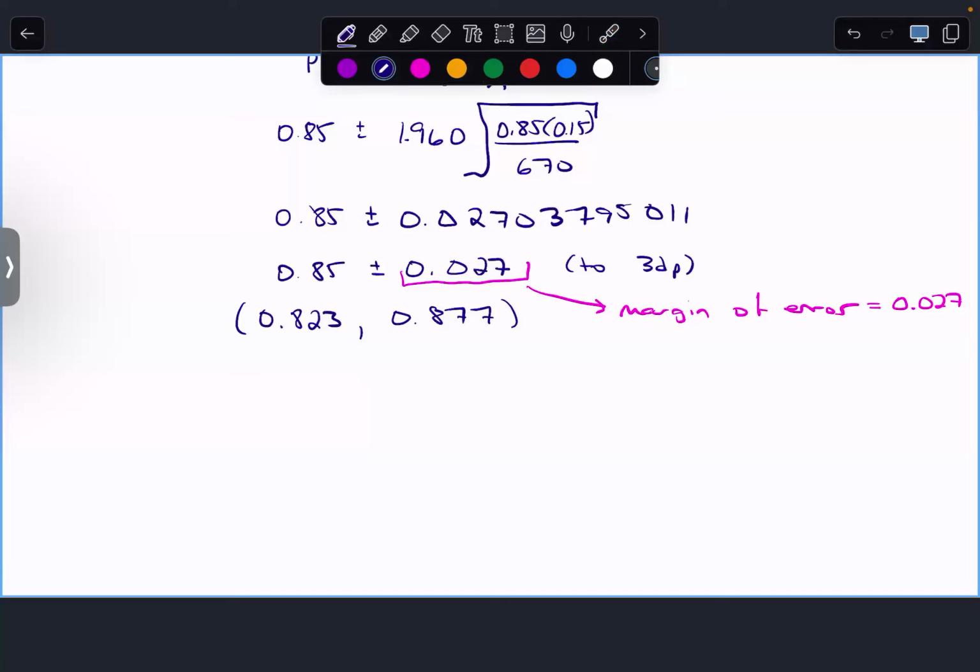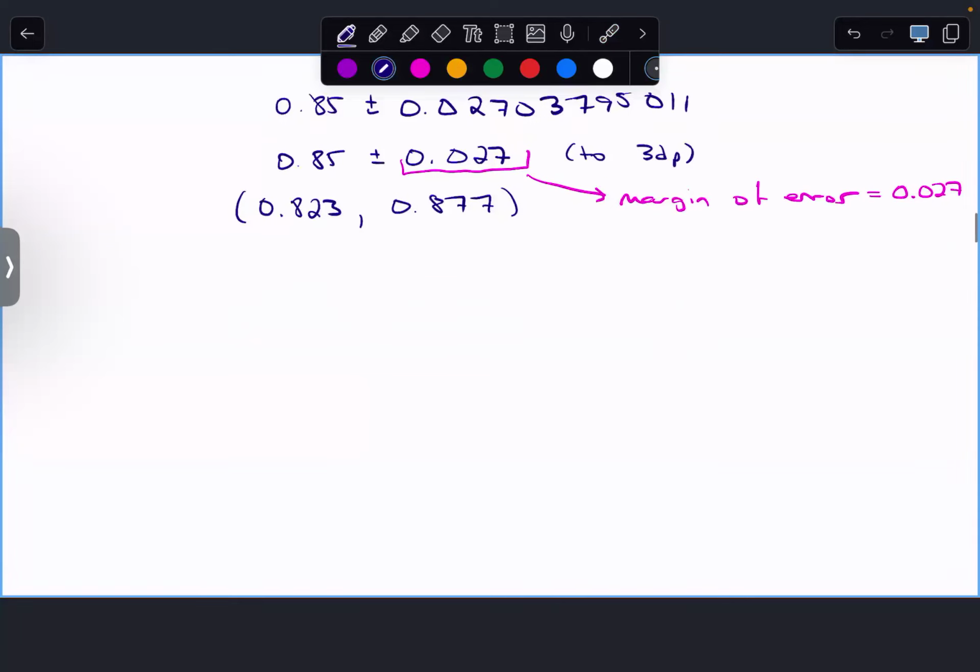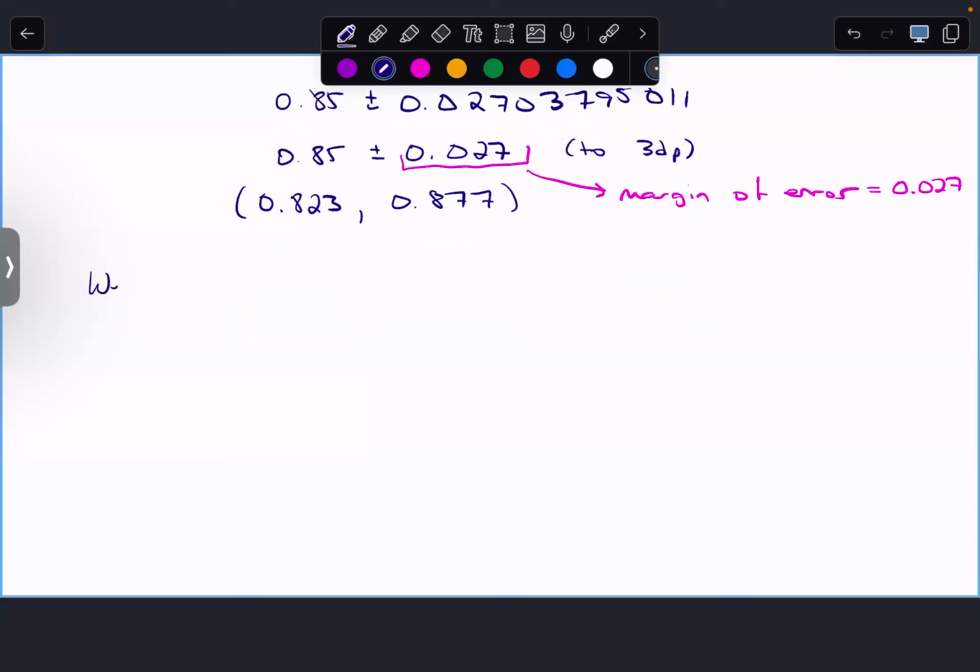This is only half the marks for a confidence interval. The other half is from the interpretation. We use the same standard blurb. We are 95% confident because I built a 95% confidence interval.